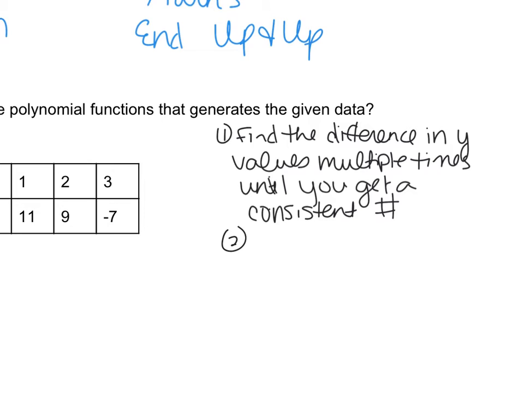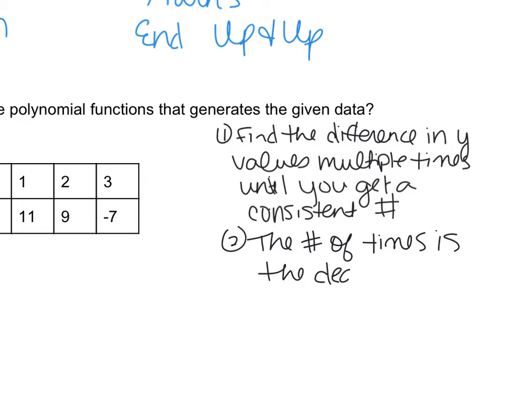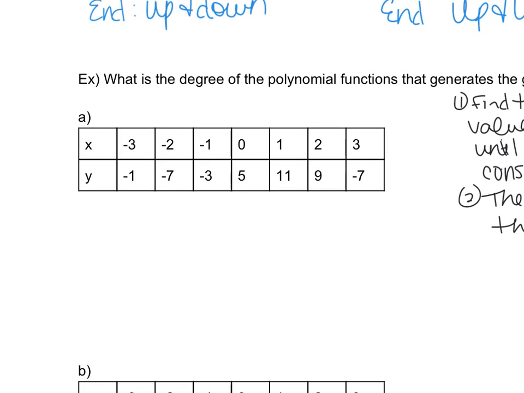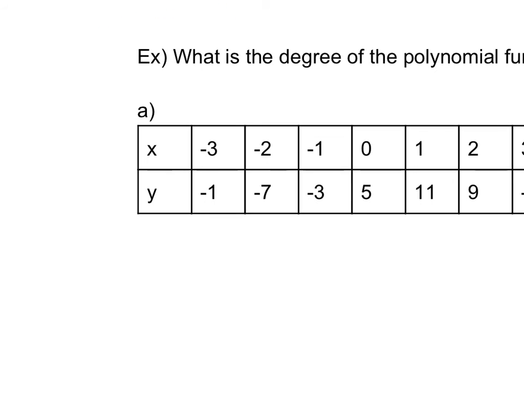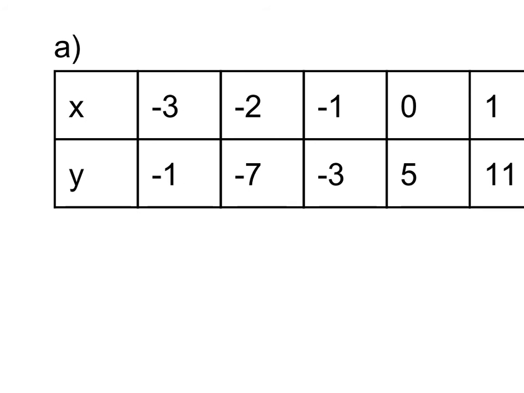Then the second step is the number of times is the degree of your polynomial. Now you're probably like, what? So when you're doing this, you might want to go slow.